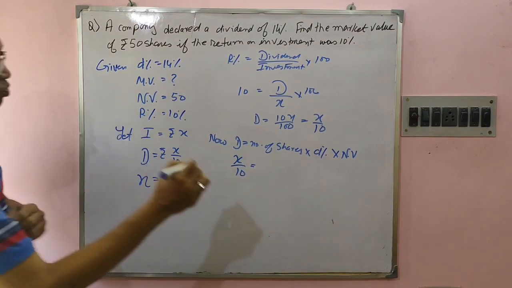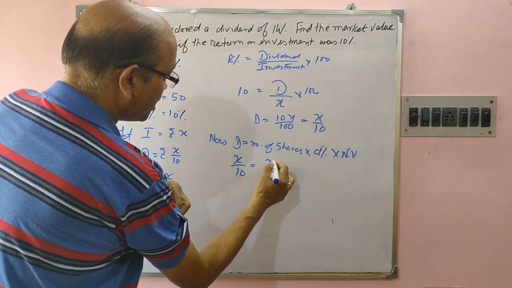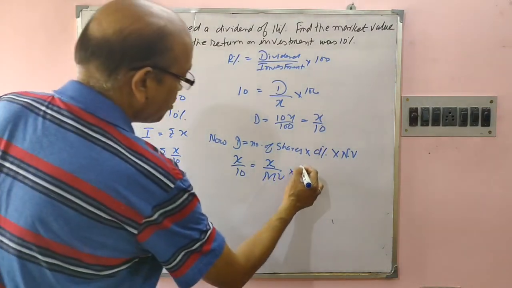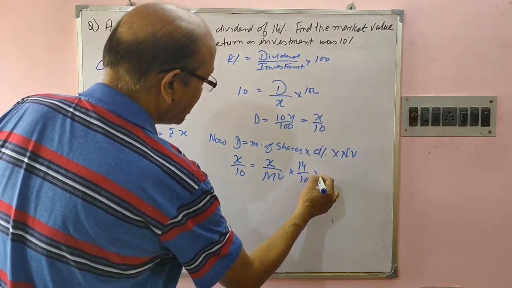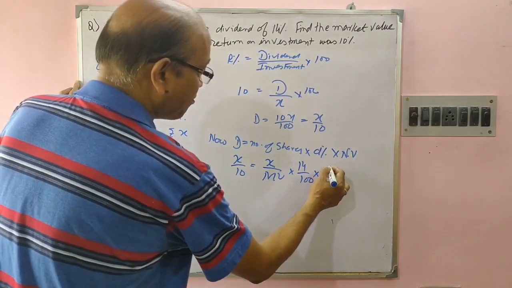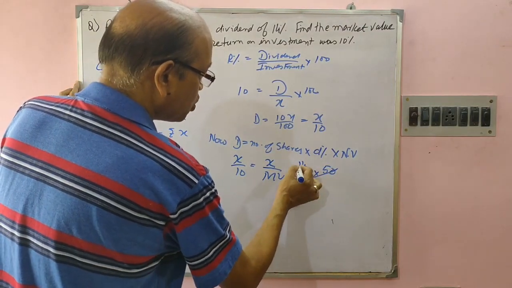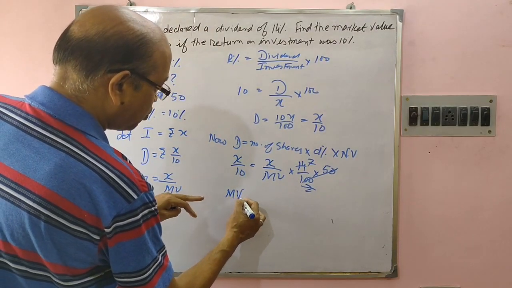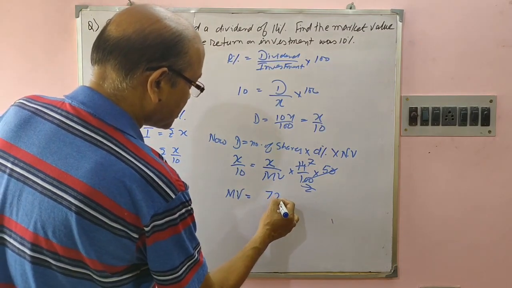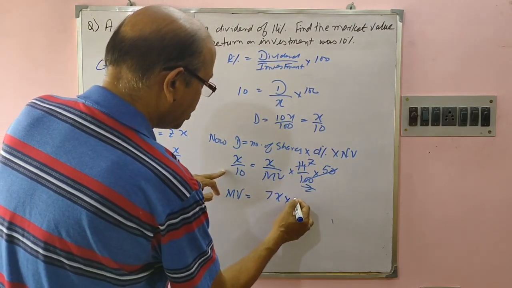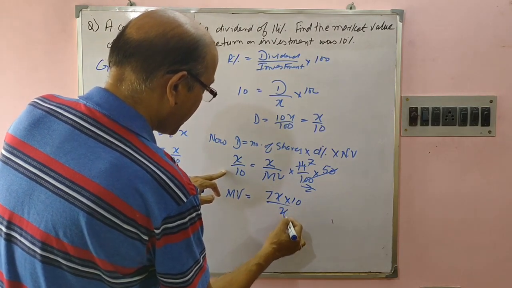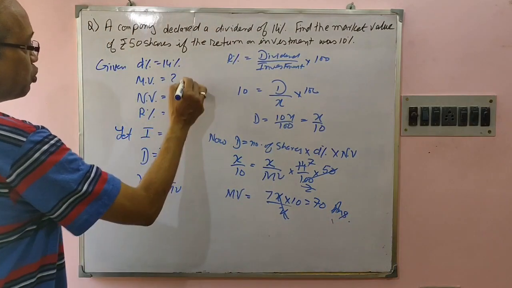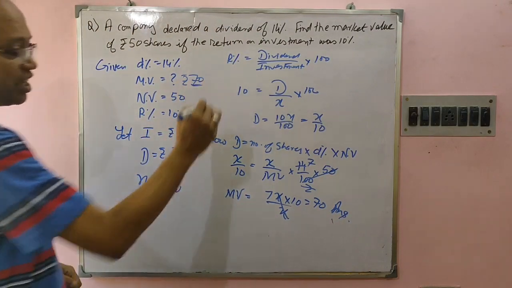Therefore, X by 10 is equal to investment by market value into 14 by 100 into nominal value 50, which gives 7, or market value is equal to 7x into 10 by x, which is 70. This is your answer. Therefore, your market value is rupees 70.